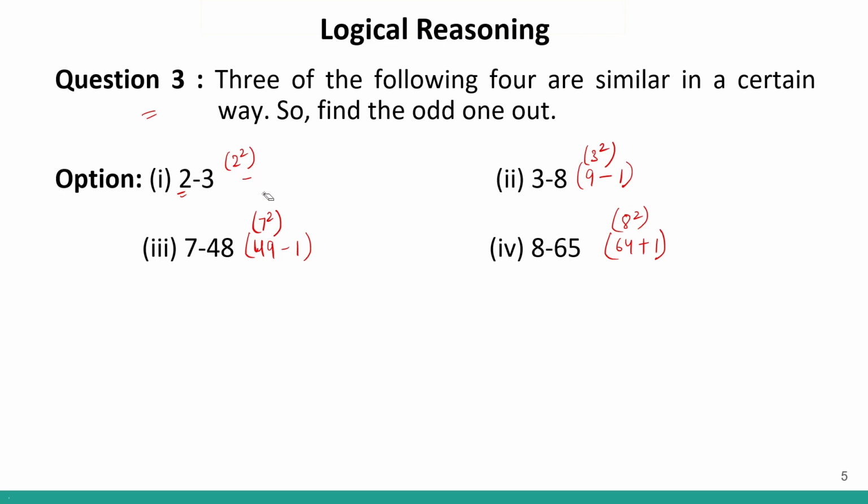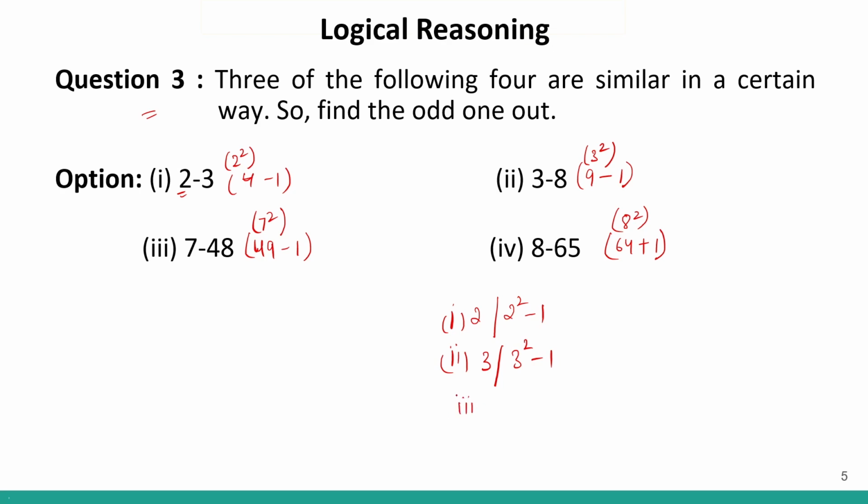So, I can say, this was 4 minus 1 and this was 7 square. So, I can say first option, basically we are writing 2 square minus 1. So, the first number is 2 and the second number is 2 square minus 1. Correct? Second option, the first number is 3. The second number is 3 square minus 1.